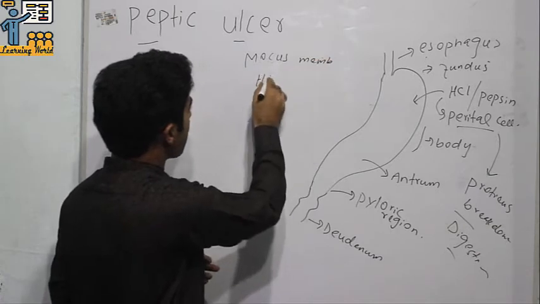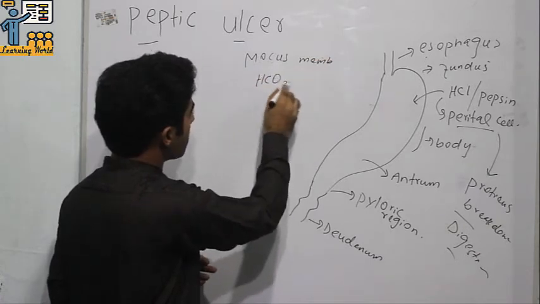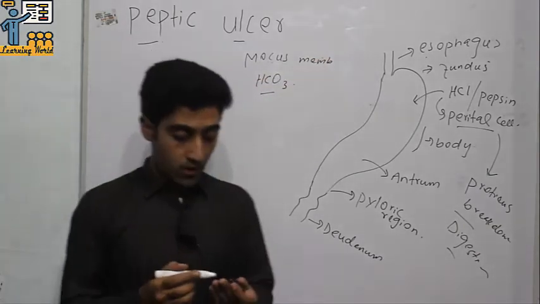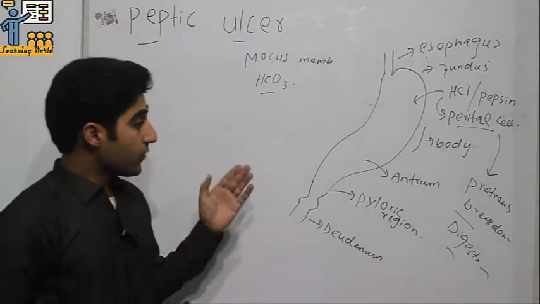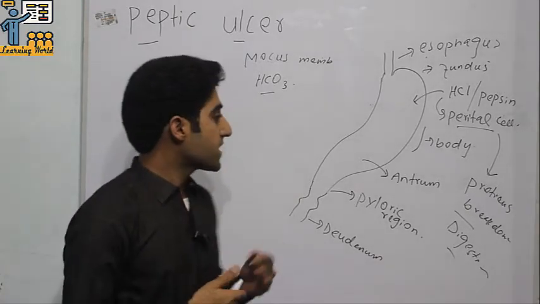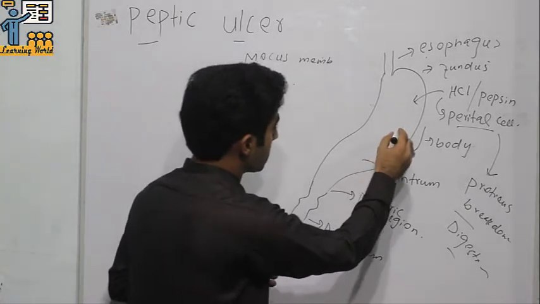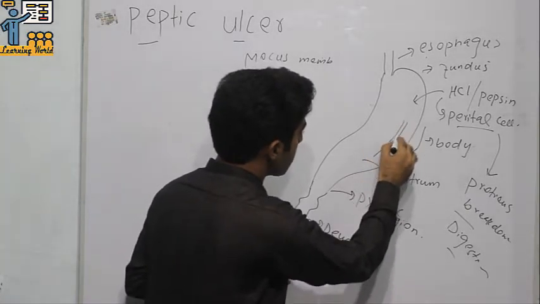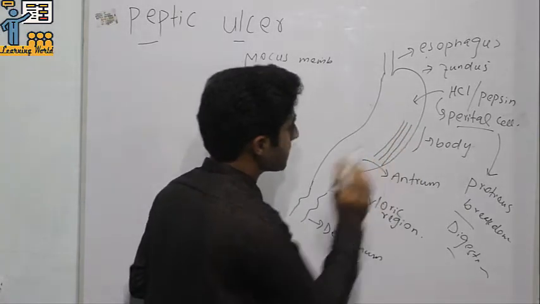and bicarbonate, HCO3. Now, there are four different layers present in the stomach. This is the first layer, second layer, third layer, and fourth layer.